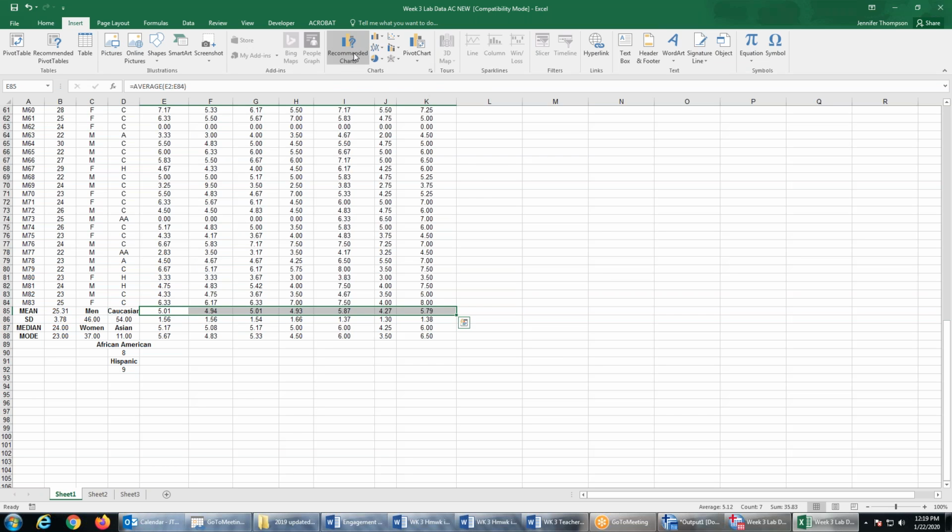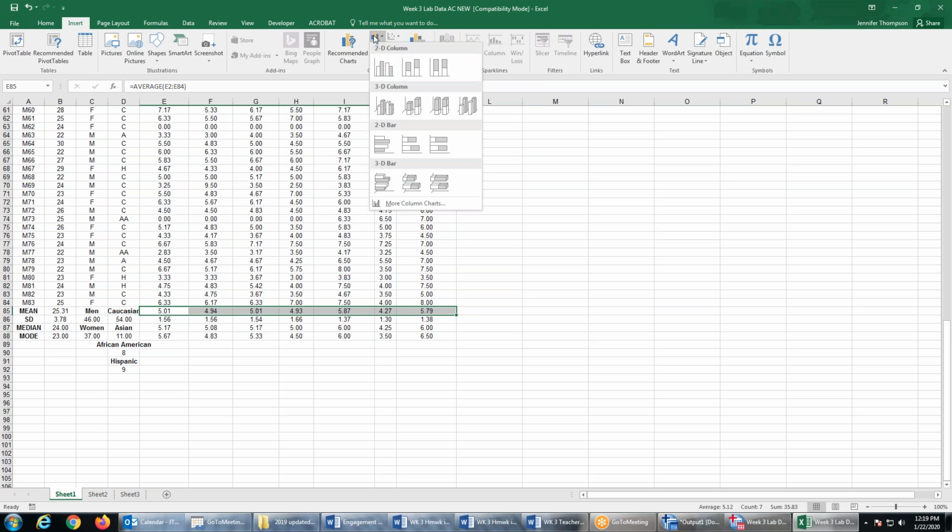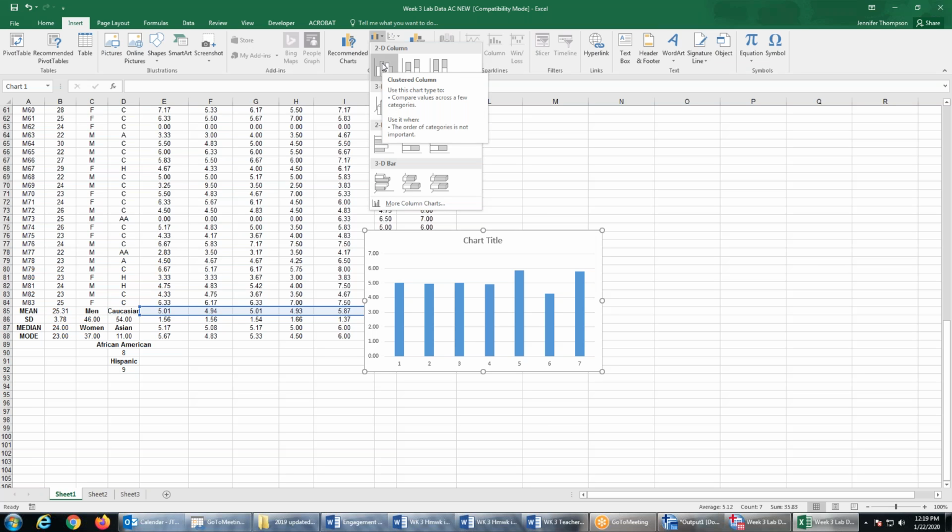Insert, I'm looking. Looks like it's just this. Yeah. I guess I'll just pick the 2D.